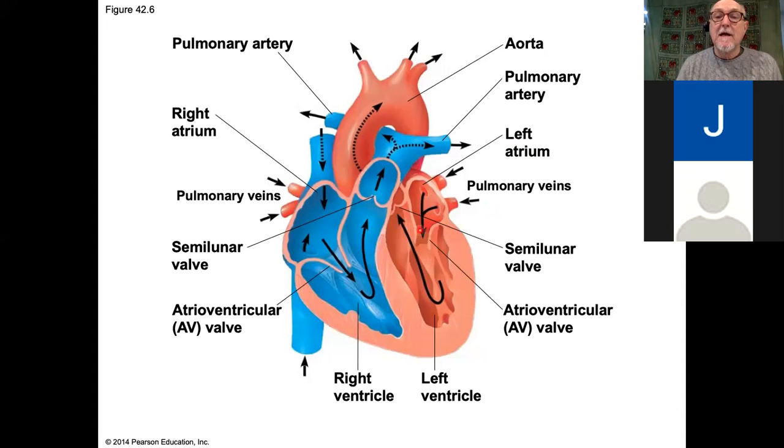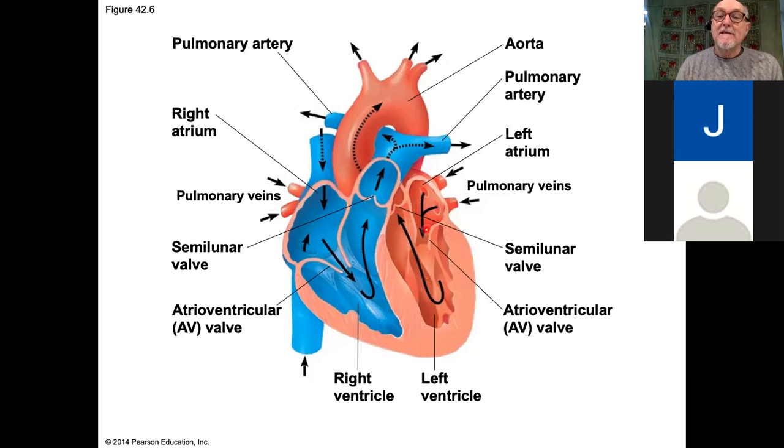When it contracts, it drives blood into this ventricle here, the left ventricle. The left ventricle is the biggest chamber of all, with the thickest walls and the most muscle, because it is receiving this oxygenated blood and now has to distribute it through the whole body. So it needs to generate a lot of pressure.